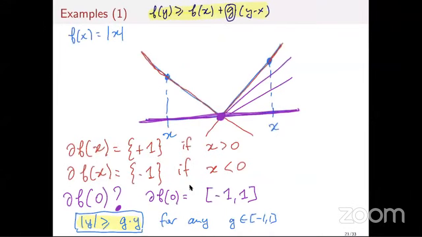The global minimum is the origin. So you can see that 0 does belong to the subdifferential, but there are also other elements in this subdifferential which are non-zero. So this is one difficulty of the subdifferential compared to the gradient.